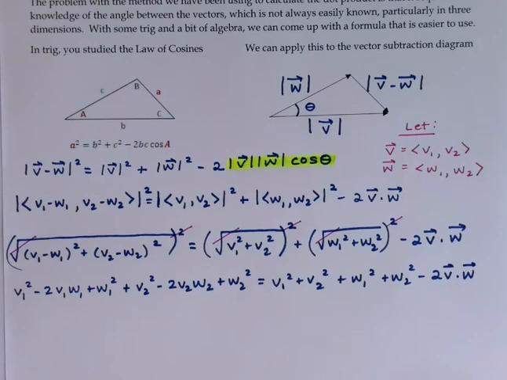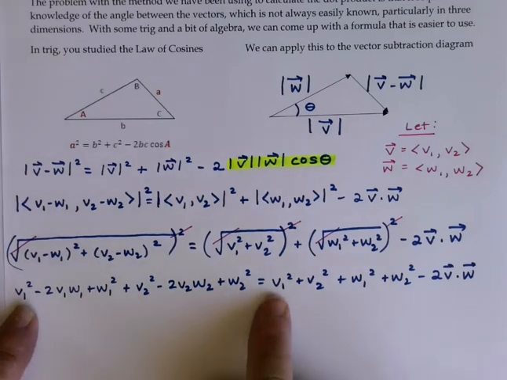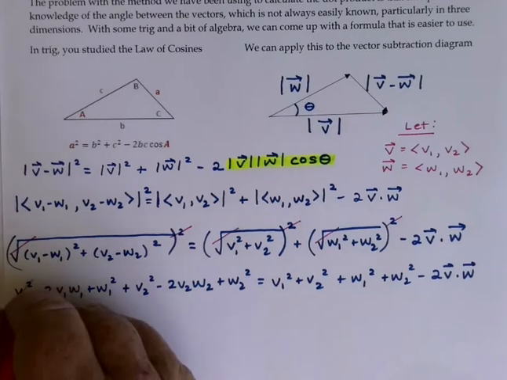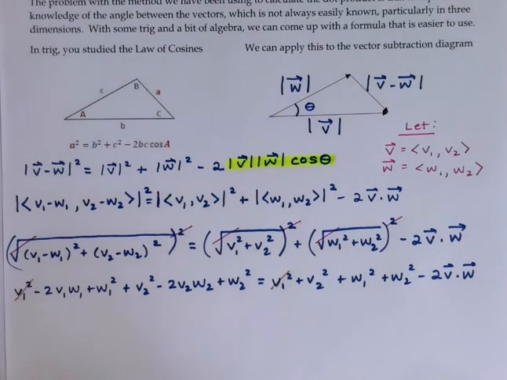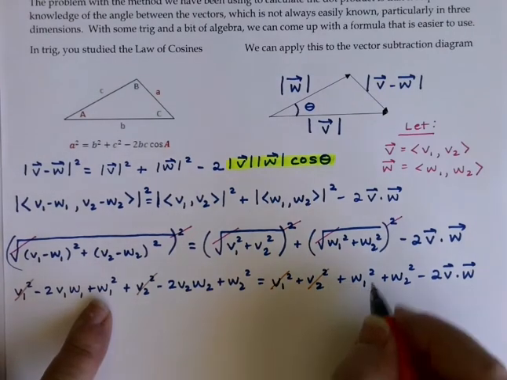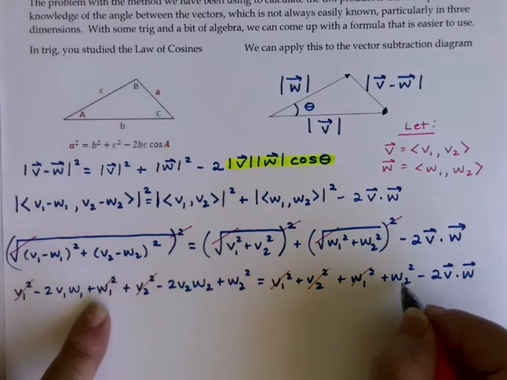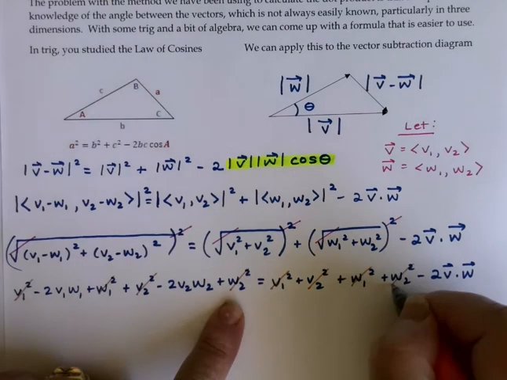All right, now that looks like a mess, but it's a lot better than we might initially think, because notice there are a lot of terms that are the same on both sides, and I could subtract them off. Right? I could subtract a v1 squared off of both sides. I could subtract a v2 squared off of both sides. And the same with w1 squared, and also with w2 squared.